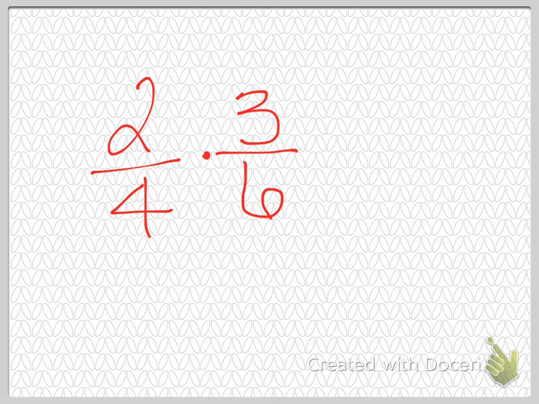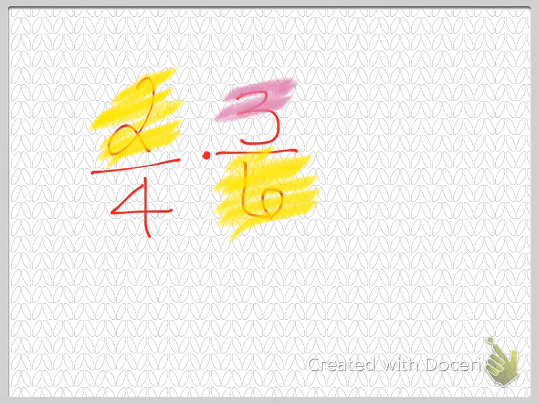Now I have this problem here, and if you're in my class, this is what I like to do. I like you guys to highlight. So I'm going to highlight 2 over 6, and then I'm going to change colors and do purple and purple.